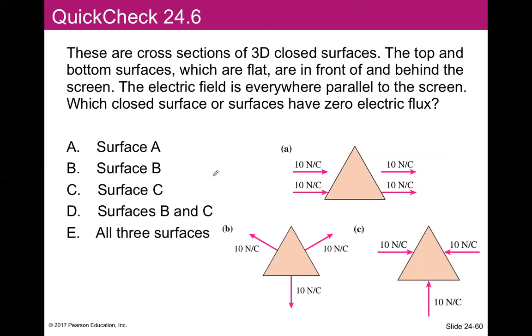Okay, so these are cross sections of 3D closed surfaces. The top and bottom surfaces, which are flat, are in front of and behind the screen. The electric field is everywhere parallel to the screen. So which closed surface has zero flux? Which one?